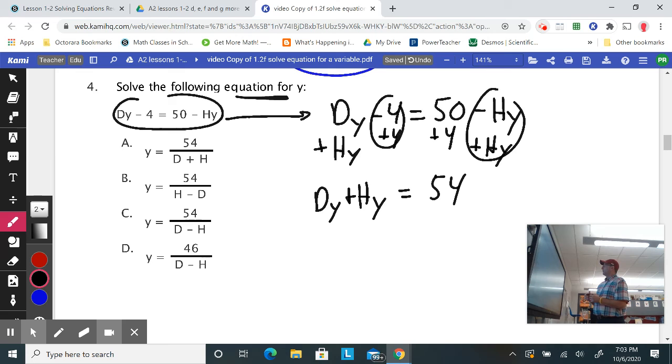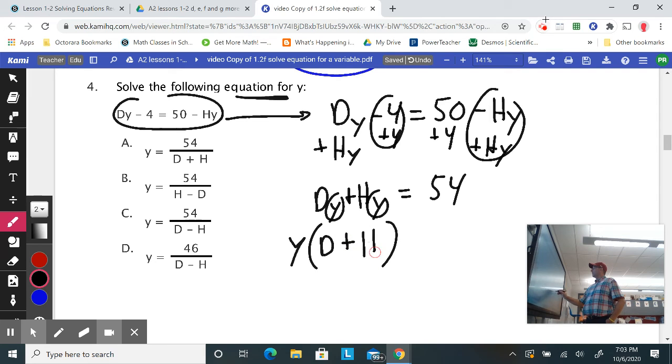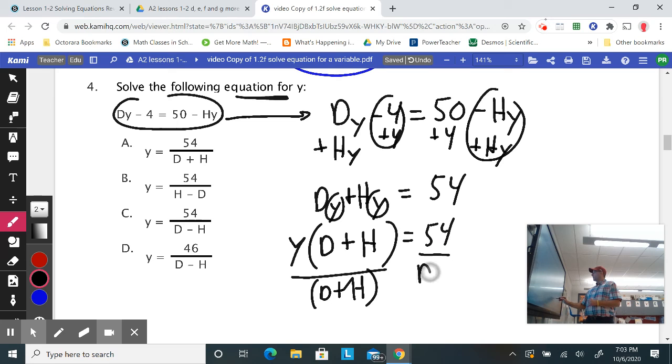I need to get y by itself, so I'm going to take out the common factor of y and write parentheses. When I factor out a y, I still have a d, a plus sign, and then an h. The other side's 54. Divide both sides by d plus h.